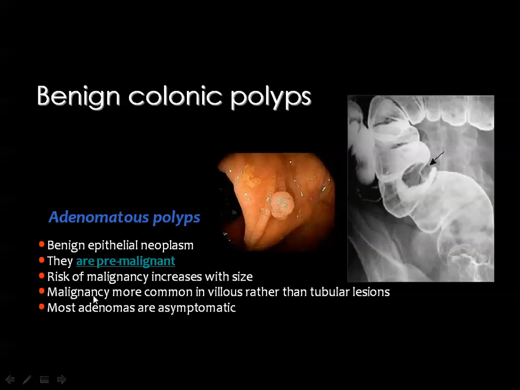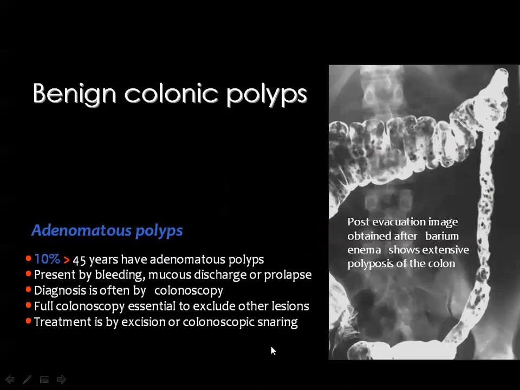These polyps will develop malignancy, especially in the villous type, rather than the tubular lesions. And actually, these polyps may be found incidentally while examining the colon by CT or barium enema, and they are usually asymptomatic.